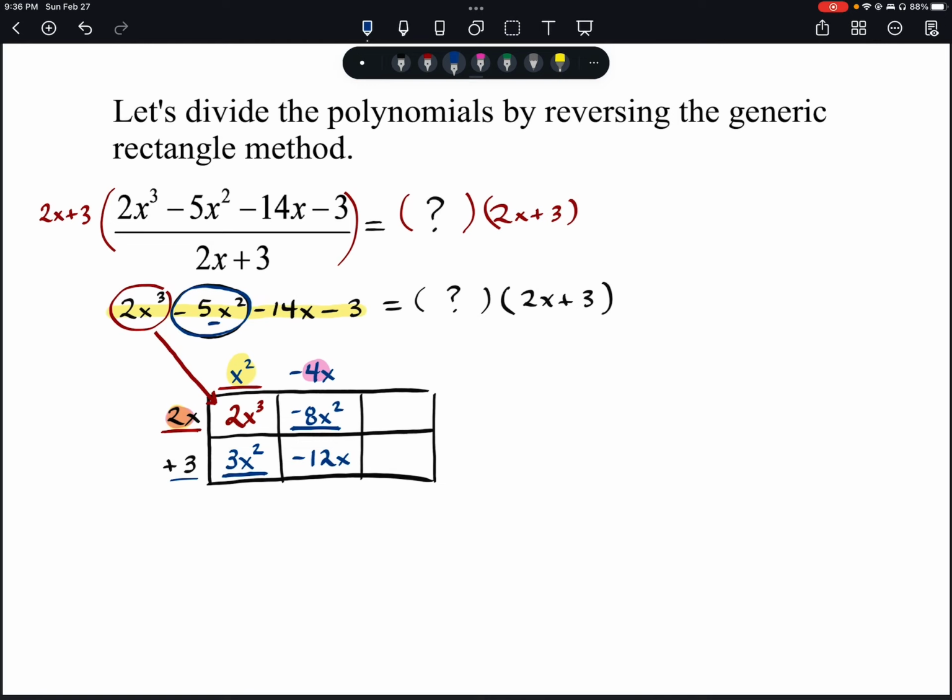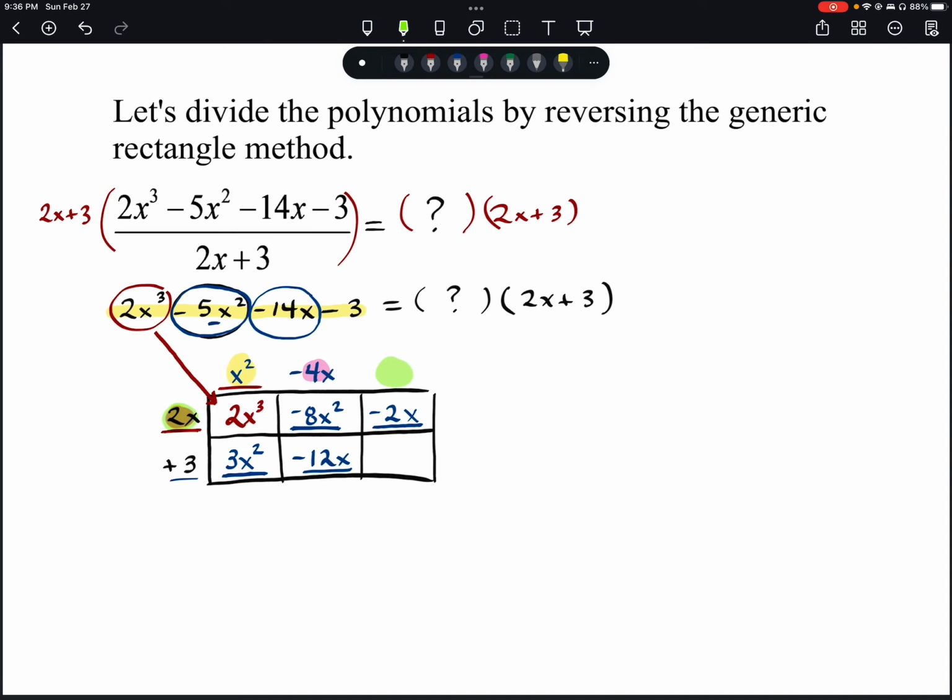Well, if we have negative 12x here, and we're going to add some sort of x's here, how many do we have to add in there to get negative 14x? Well, we'd have to put a negative 2x in there. And then again, we go back to that next step: I've got 2x here. 2x times what gives me negative 2x?